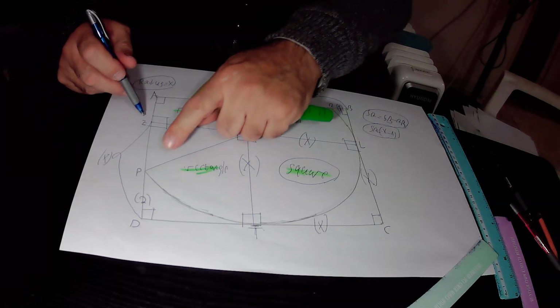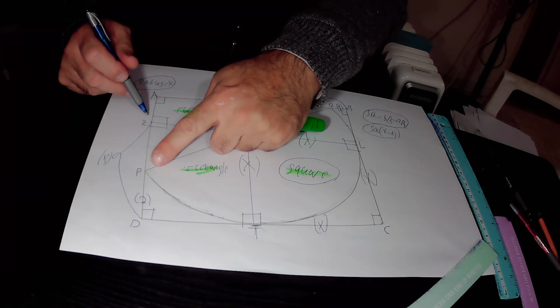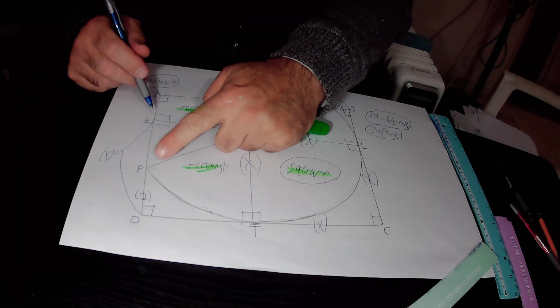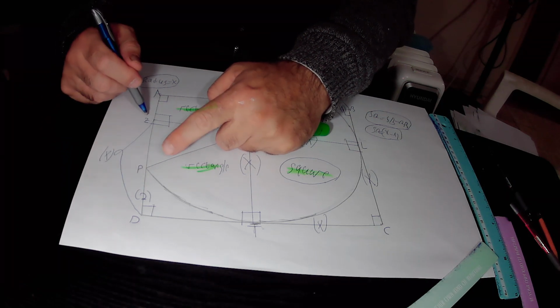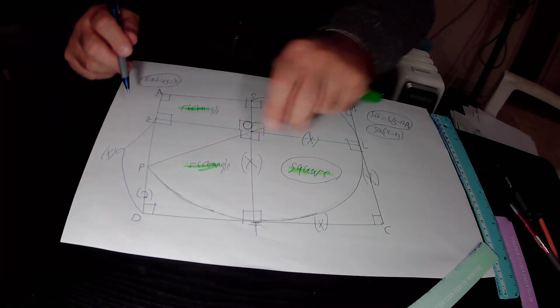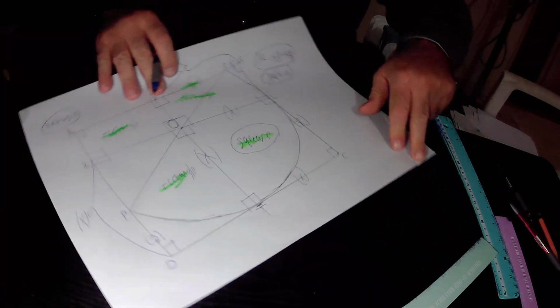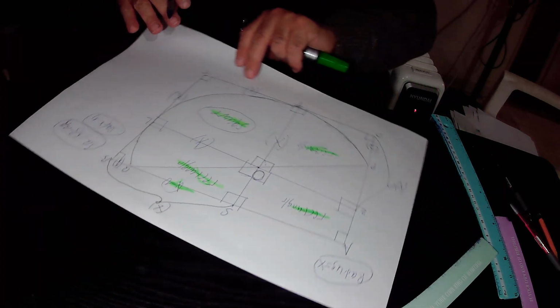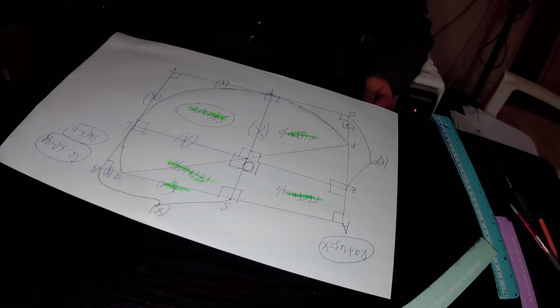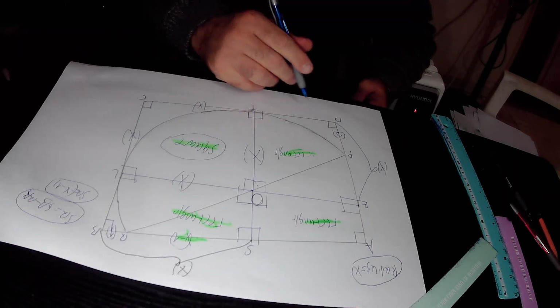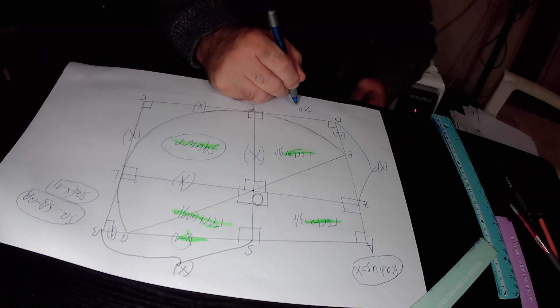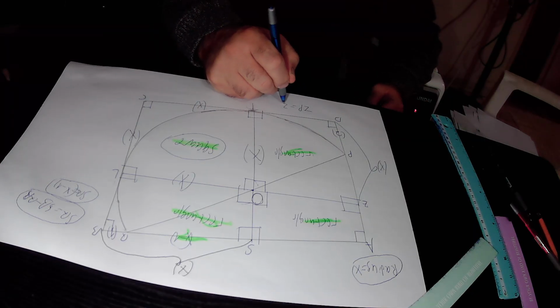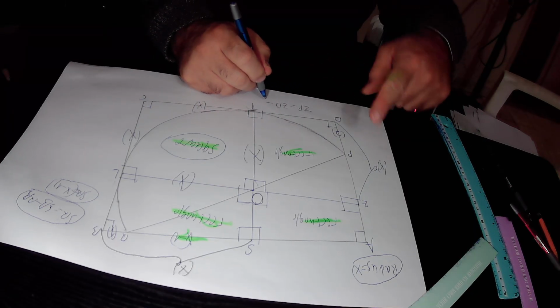What is the length of this missing line segment ZP? ZP equals ZD minus PD. So, write it down. The length of the missing line segment ZP is equal to ZD minus PD.